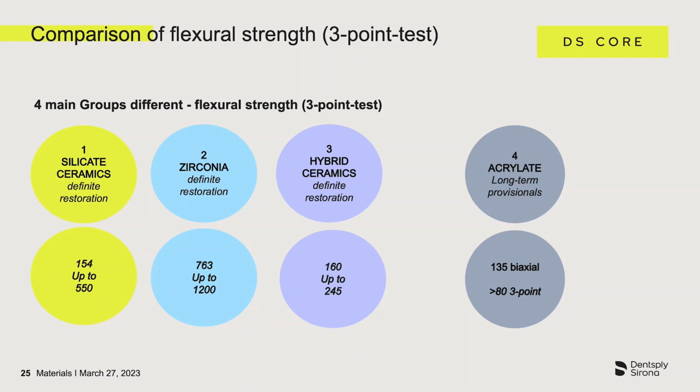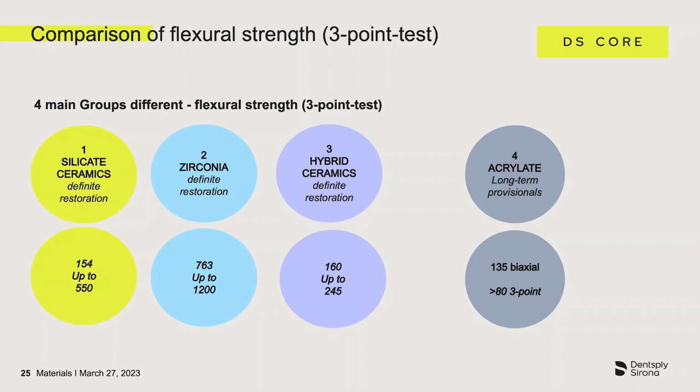For zircon, this range is much higher, starting at 763 megapascals and ending at 1200 megapascals. The flexural strengths of the hybrid ceramics are significantly lower, with a range from 140 to 250 megapascals.